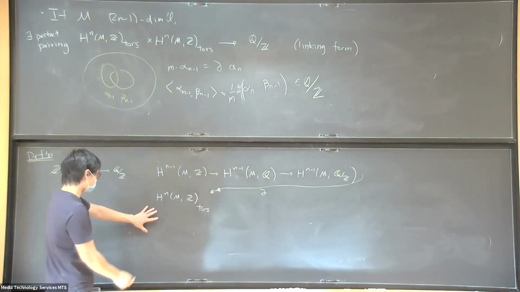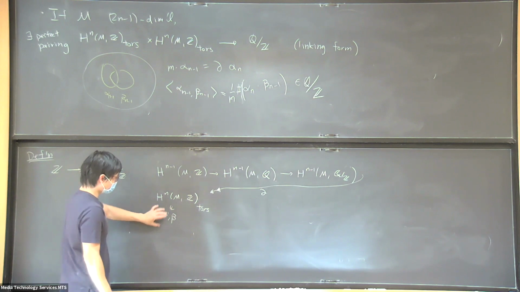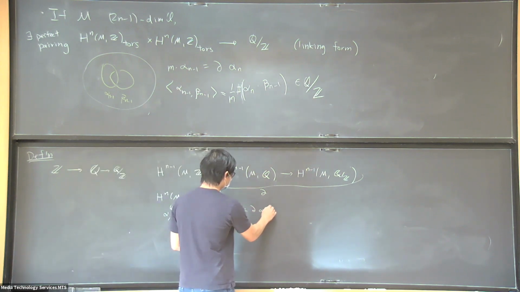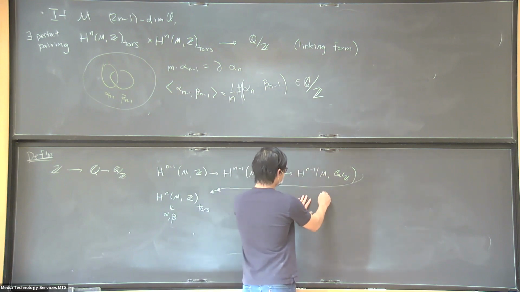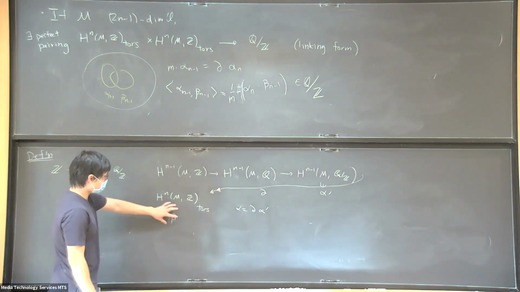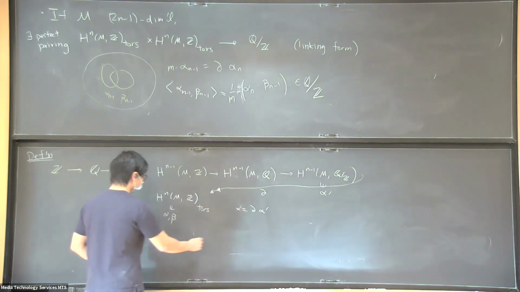So now if I had two classes, say alpha and beta in here, I could take one of them, say alpha, and write alpha equals boundary of alpha prime, where alpha prime is living in here. And then alpha prime and beta are in complementary degrees.